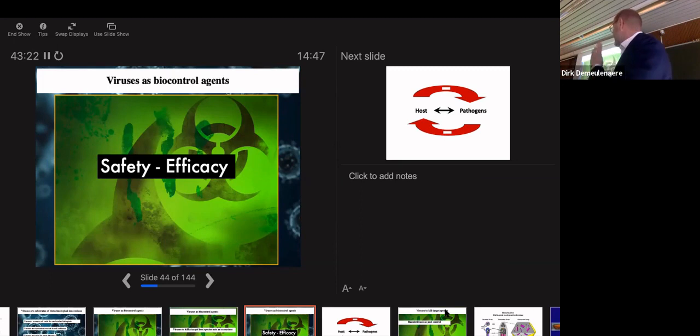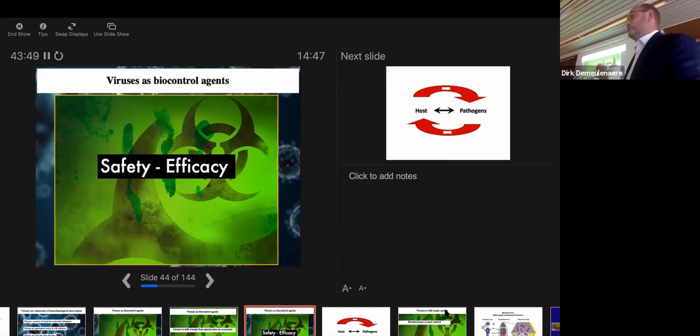One aspect of using viruses as a biocontrol agent is that you will promote host jump. You will take a virus, produce it massively, and expose it. You remember this picture I showed you of the plane spreading baculovirus on the field. You expose the ecosystem to a huge amount of virus, and so you create opportunities for a virus to jump into a species that is not a natural species.